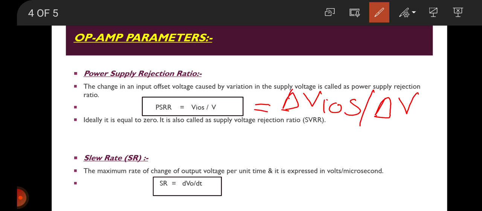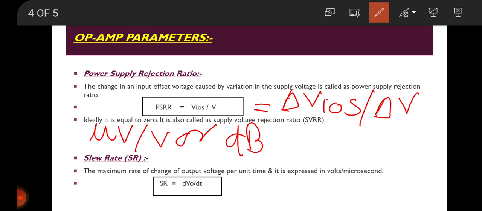It is expressed either in microvolts per volt or in decibels. Ideally, it is 0. For IC741, PSRR is 150 microvolt per volt. It is also called as supply voltage rejection ratio, SVRR.